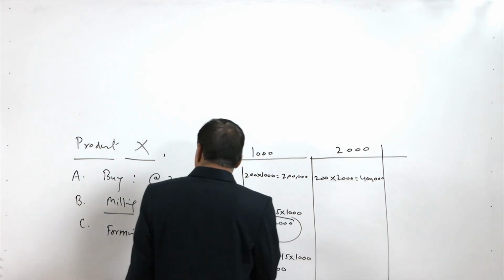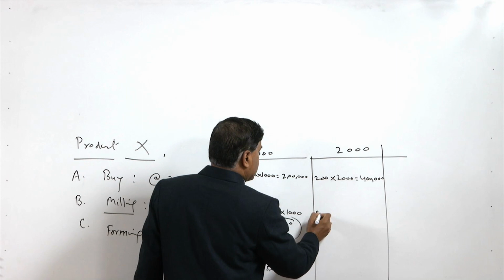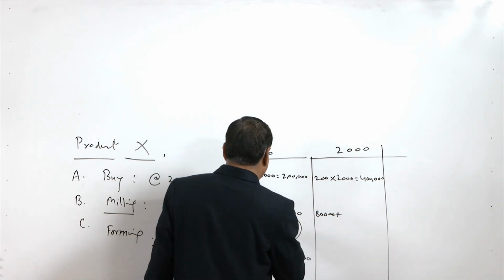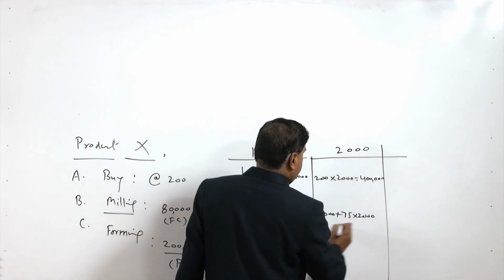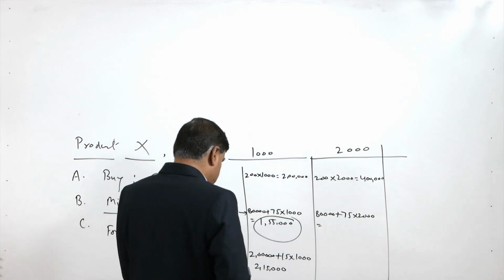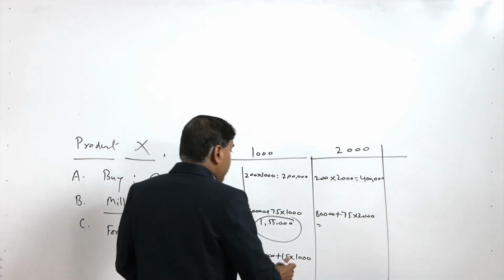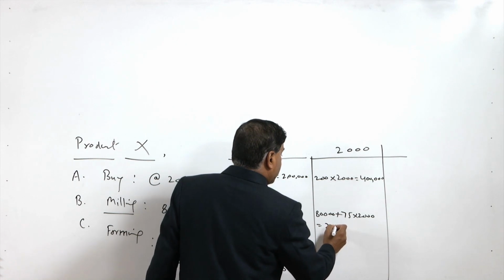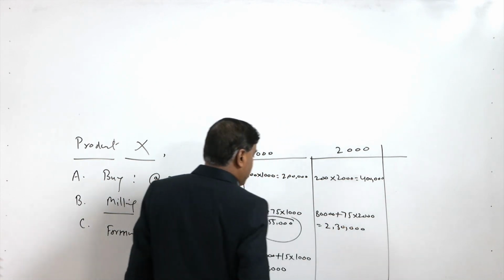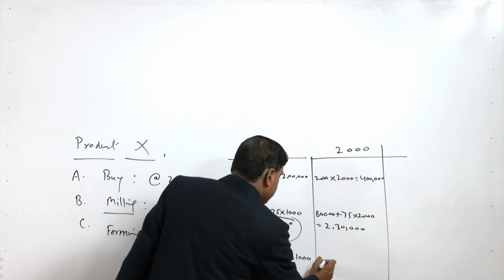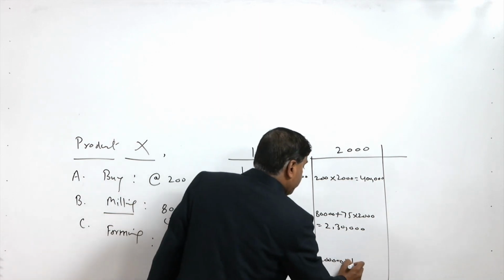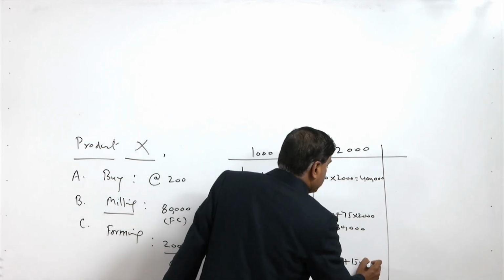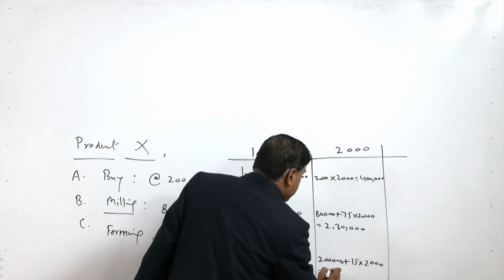If the milling option is used, then 80,000 plus 75 multiplied by 2000, so the total will be 2,30,000, and for forming it will be 2 lakhs plus 15 into 2000, so the total is 2,30,000.